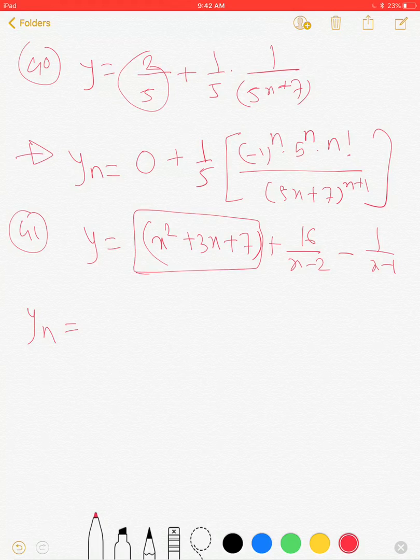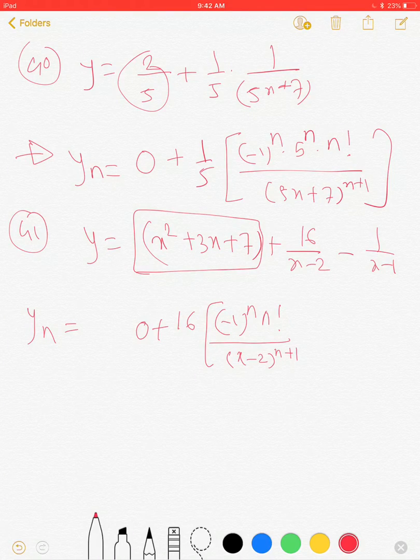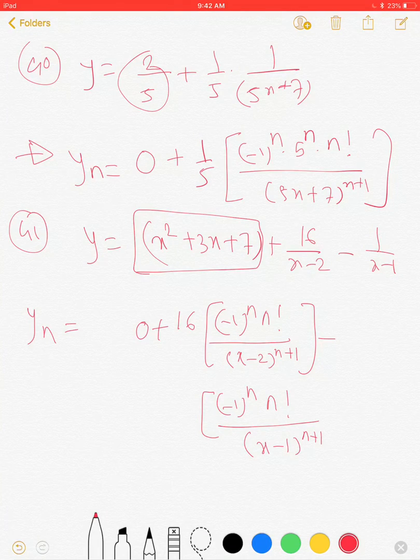So obviously its nth derivative is 0, plus 16 we can take as common into minus 1 raised to the n into n factorial. The value of a is 1, so 1 raised to the n is again 1, upon x minus 2 raised to the n plus 1, minus minus 1 raised to the n into n factorial upon x minus 1 raised to the n plus 1. So this is the nth derivative of this function.